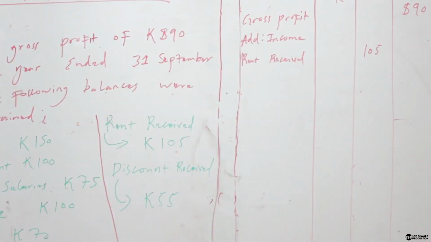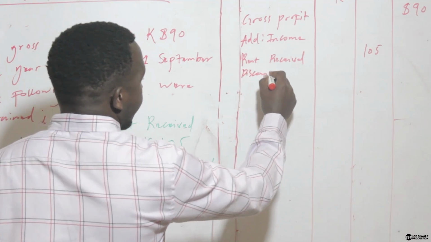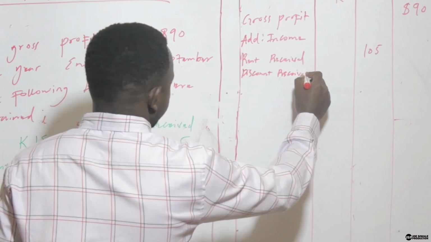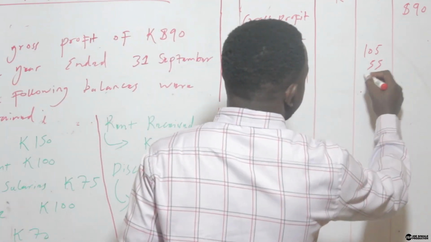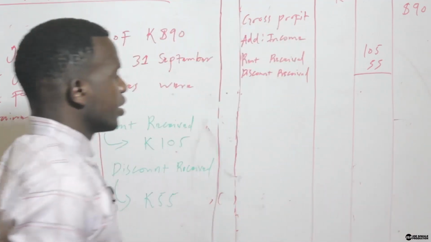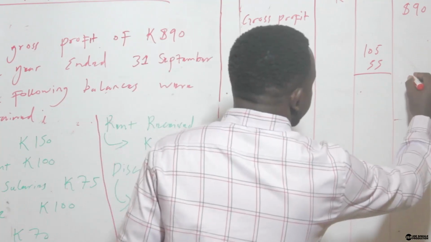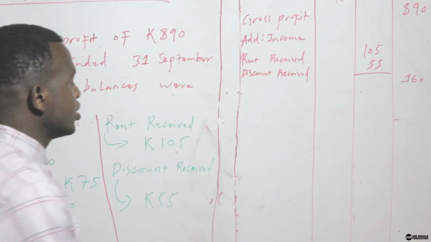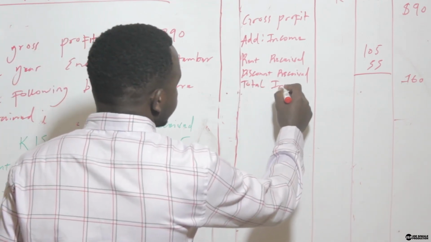Then we have discount received, amounting to 55. So when we add our 105 plus 55, we're going to get our 160. So our 160, that's going to be total income. So say total income.